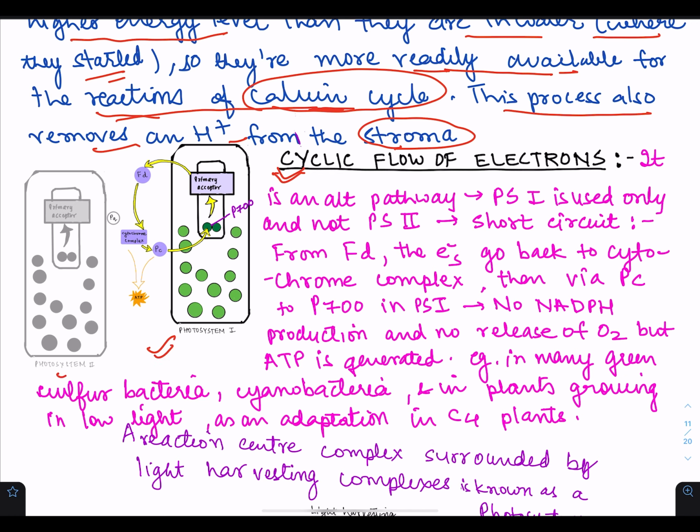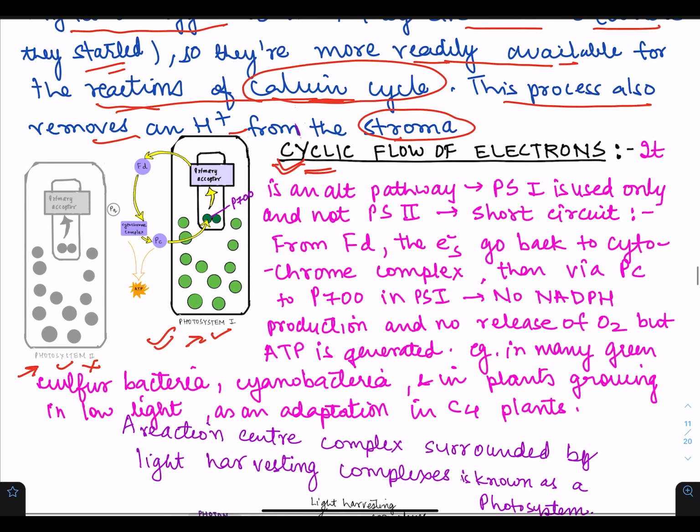Previously, we discussed that photosystem 2 and photosystem 1 both come into action. First, photosystem 2 is involved and then photosystem 1. But when we have a cyclic flow of electrons, photosystem 2 has no role. This cyclic flow is an alternate pathway. Photosystem 1 is used only and not photosystem 2. It is actually short circuiting.